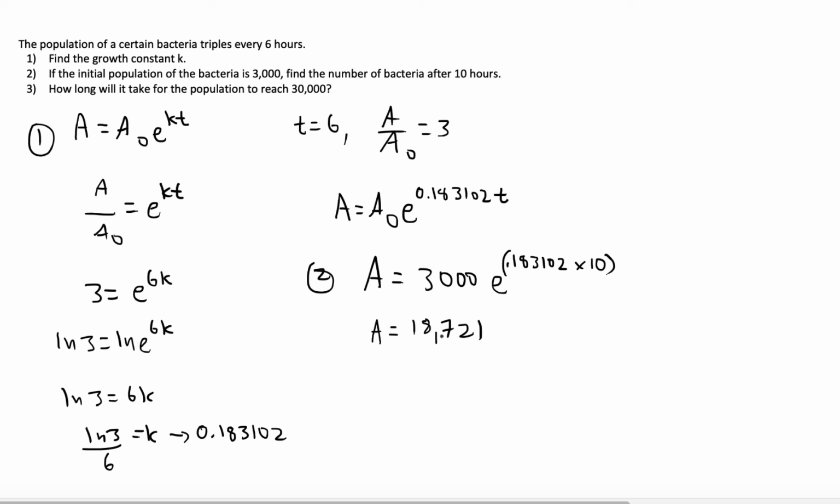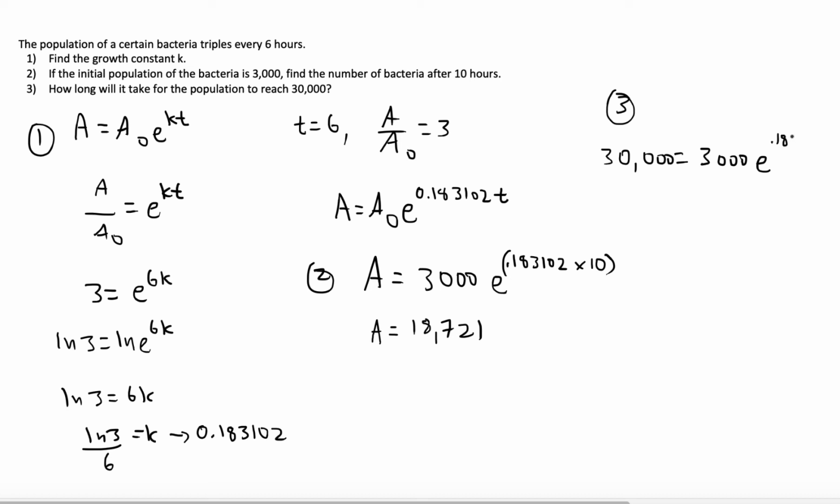And then the third question is: how long will it take for the population to reach 30,000? Notice that we're going to solve for t here. But that means that A is the population at time t. So what does that mean? It means that 30,000 equals 3,000 times e to the k power.